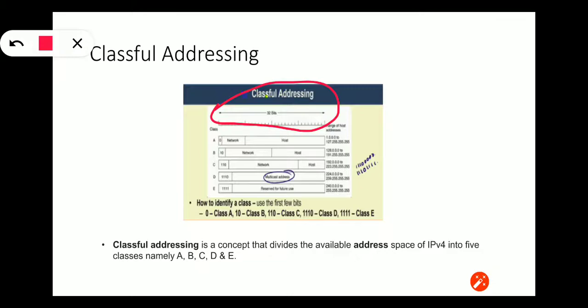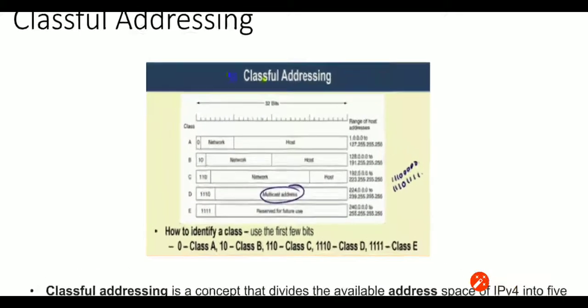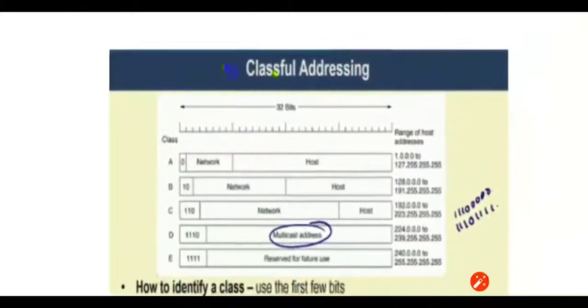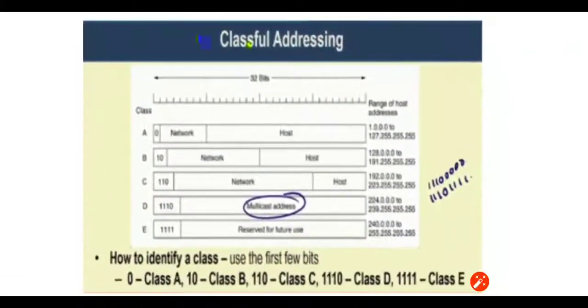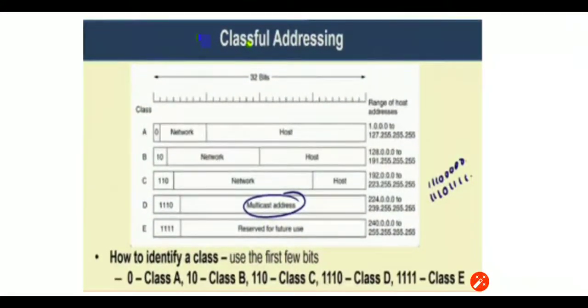So these are the 5 different classes of addresses.